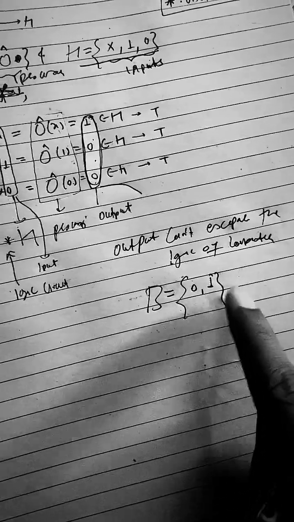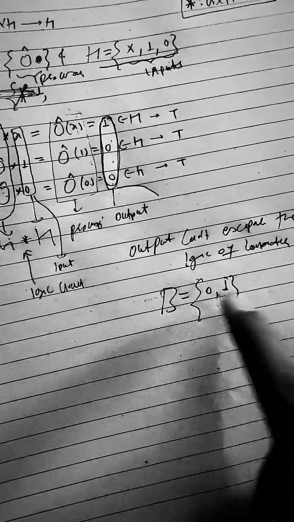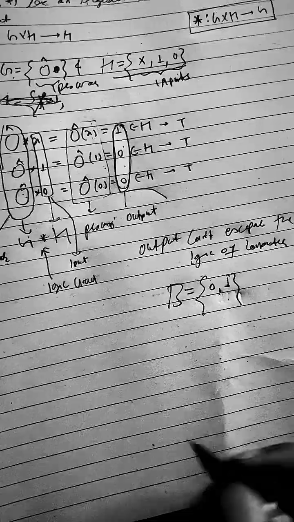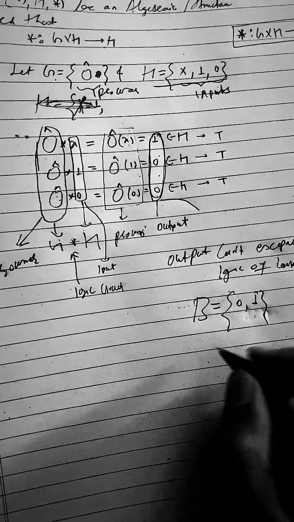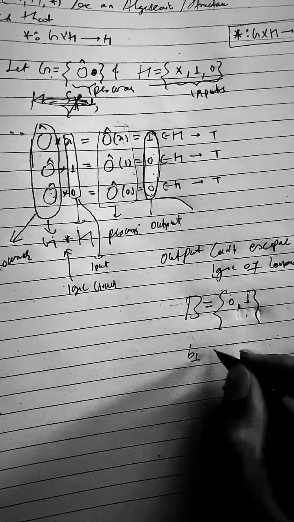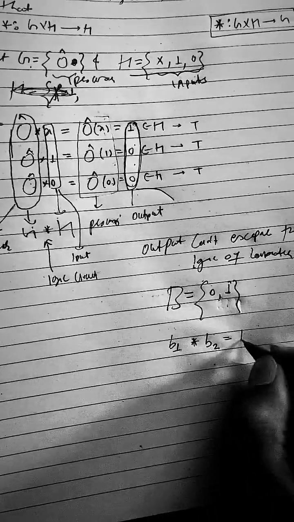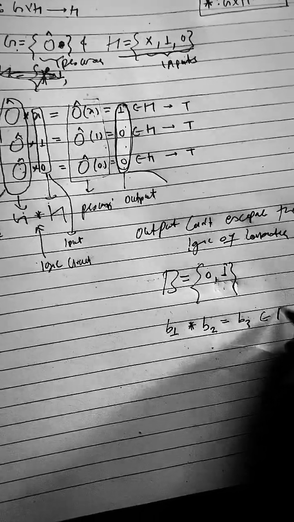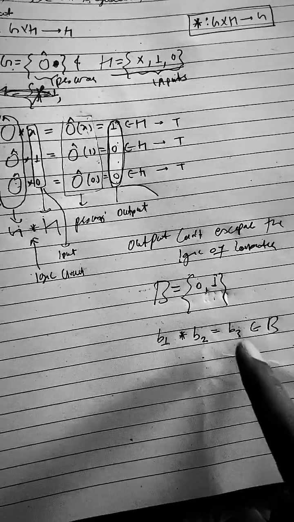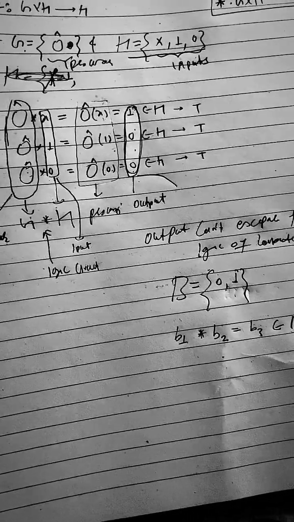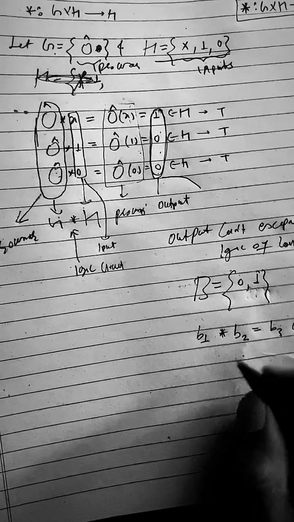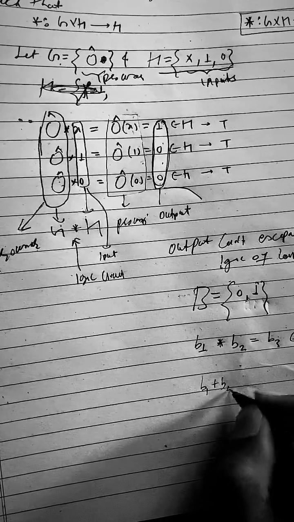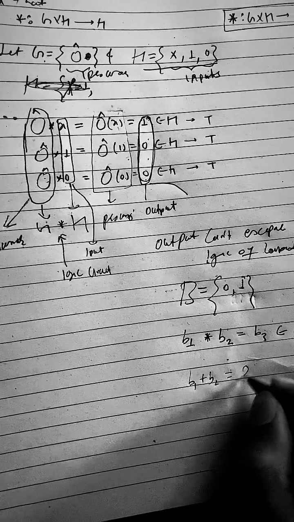Now whatever computation we do on this set, let's say I have a binary number B1 and binary number B2, and we do some operation, we get another binary number B3, but this B3 must belong to our set B. It cannot escape binary numbers. You cannot expect, for example, to add two binary numbers B1 plus B2 and get an element 2.